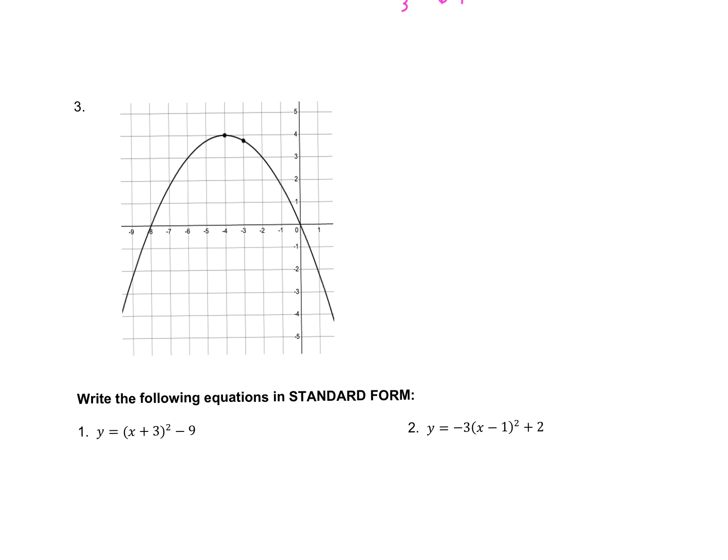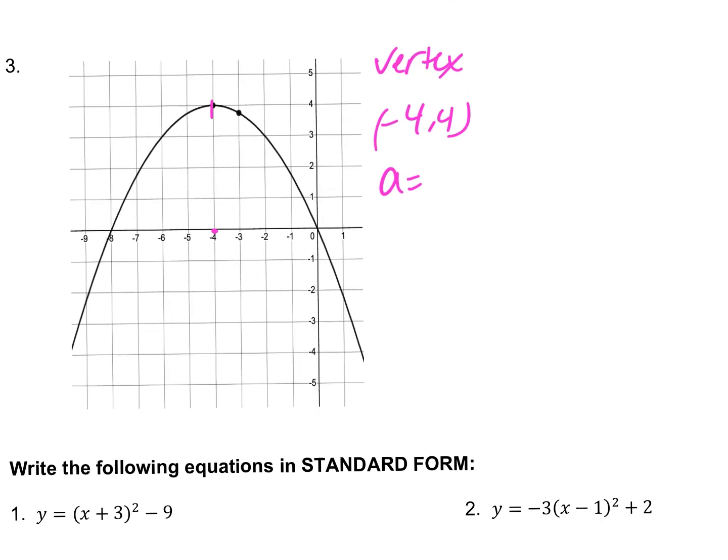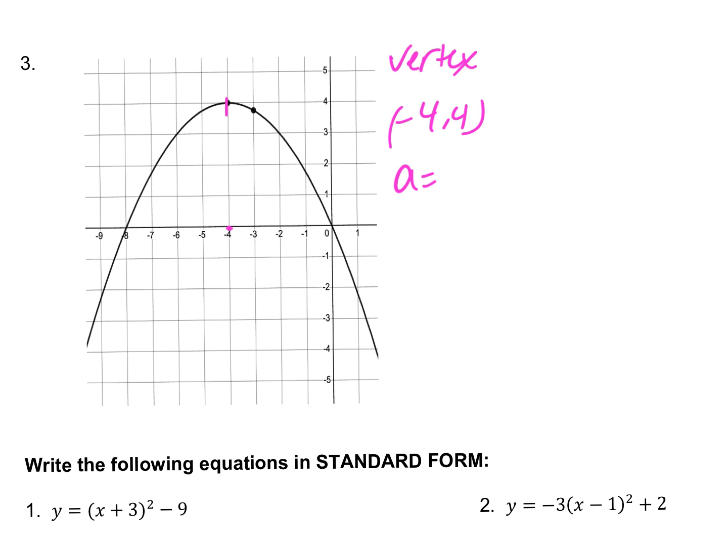Okay, number 3. Again, find the vertex and a. So the vertex here is we're going to go over to negative 4 and up to positive 4. So vertex is negative 4, 4. a is equal to, I don't need the axis of symmetry, I was going to say that. But a, one thing about when we do problems, the majority of the problems are going to be like 1/4, 1/2, 3/4, not really using thirds a lot. So this is actually a fourth.